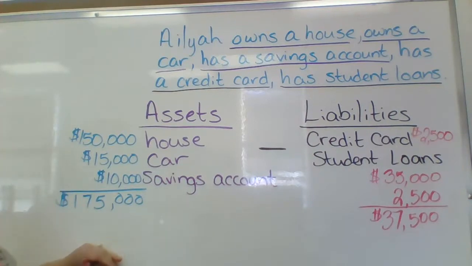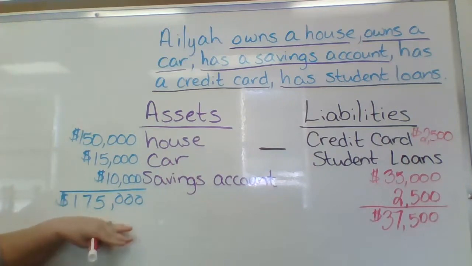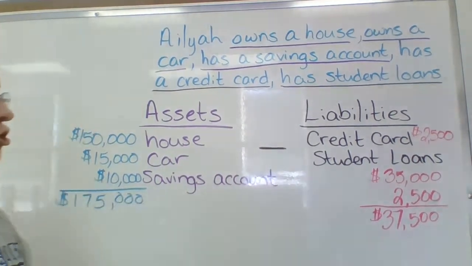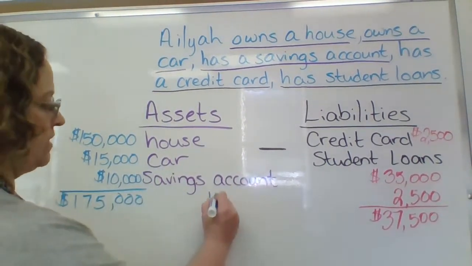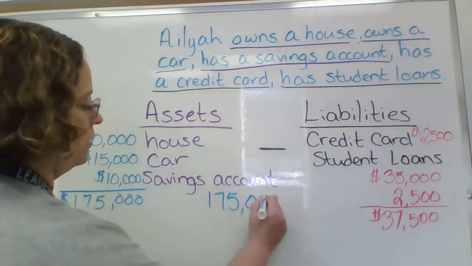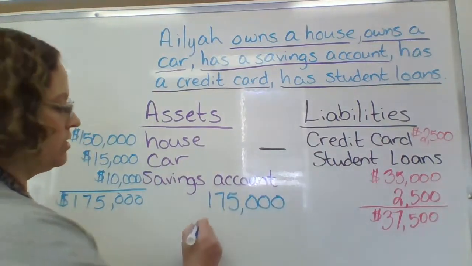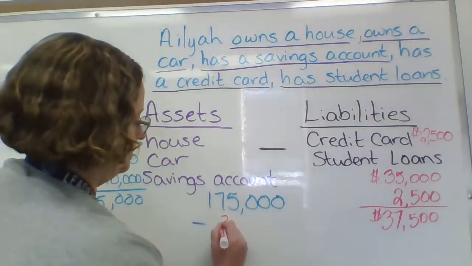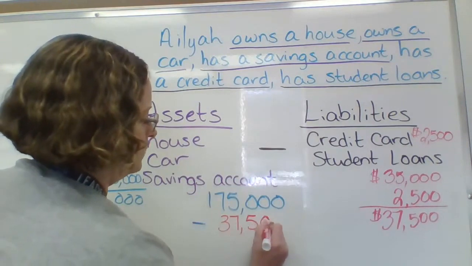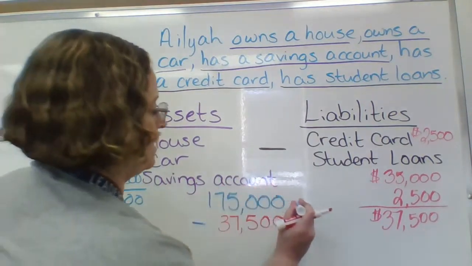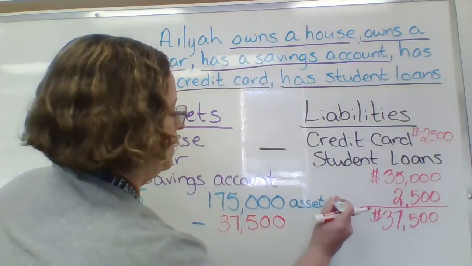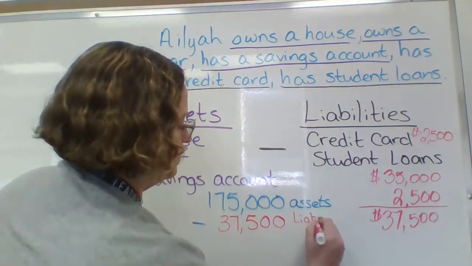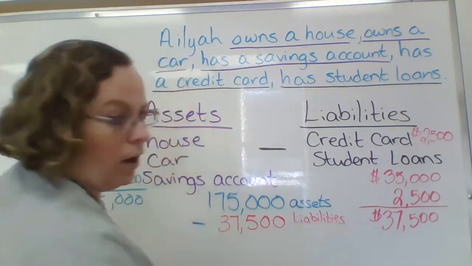Now, to find her net worth, remember, we take her assets and we subtract her liabilities. Okay? So I'm going to take the $175,000 and I'm going to subtract the $37,500. So I took my assets and I'm subtracting my liabilities. All right.